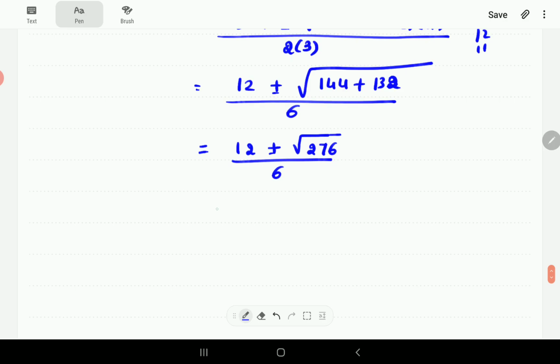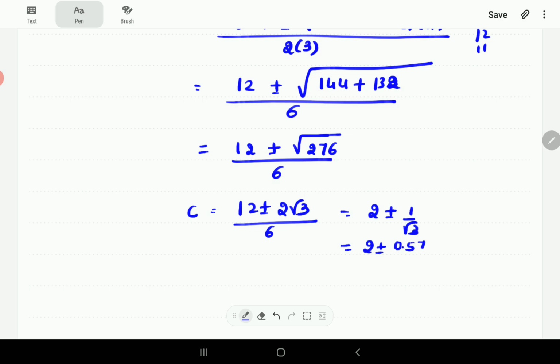After simplification you will get c as 12 plus or minus 2 root 3 upon 6. Dividing by 6, it is 2 plus or minus 1 over root 3. If you calculate this, it is 2 plus or minus 0.57. This is either 2.57 or 1.43.